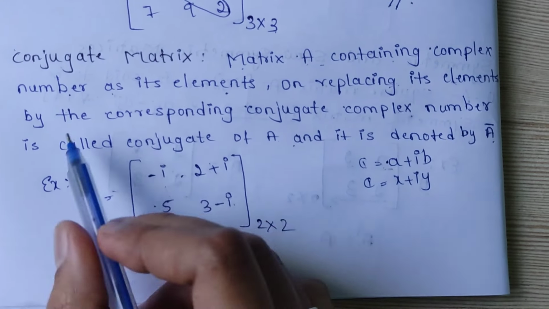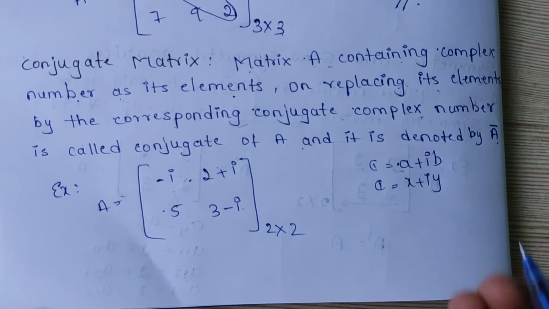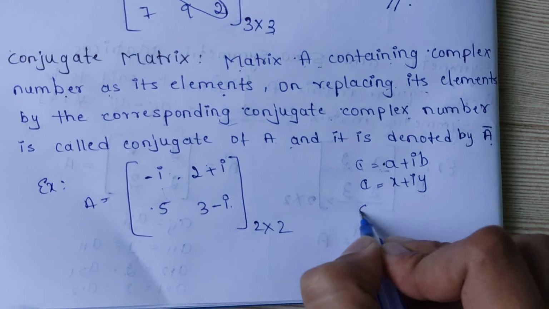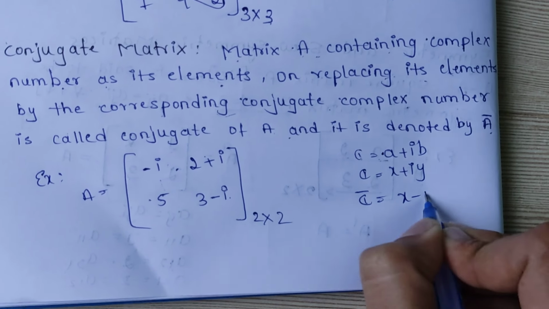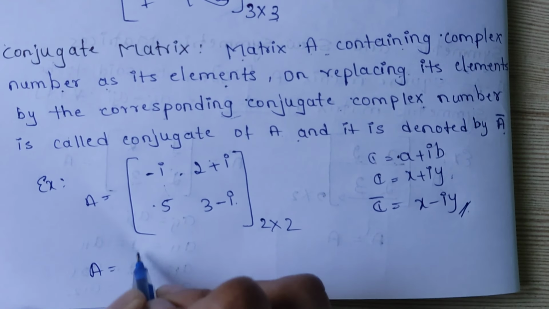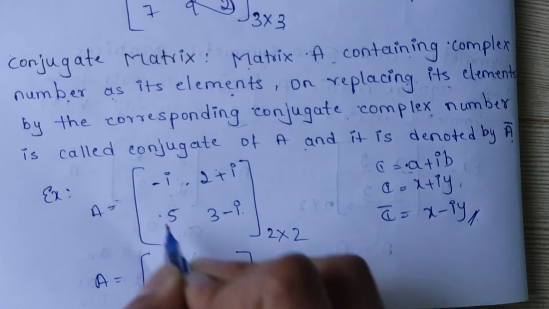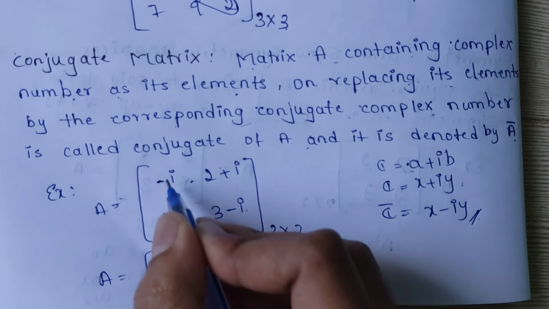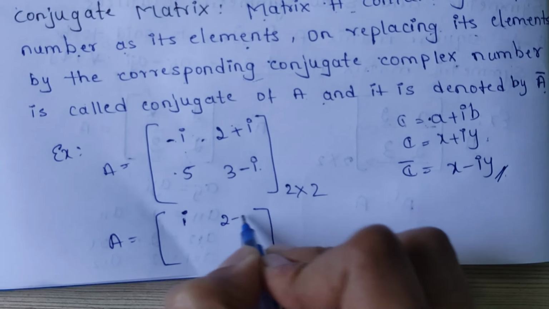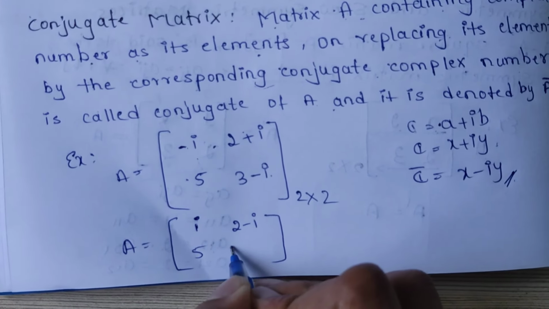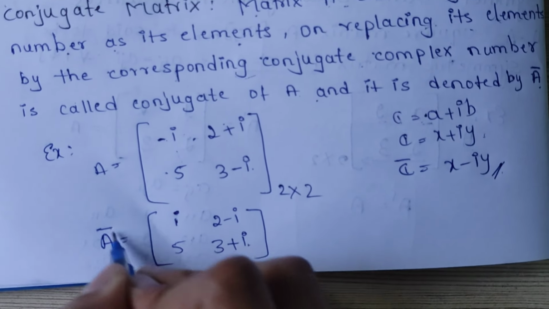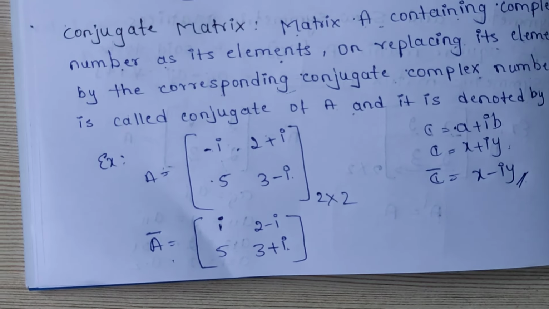Replacing its elements by the corresponding conjugate complex number, where conjugate of a complex number is C bar, it is X minus IY. So matrix A can be written with positive I where it was negative, so it should be positive in the conjugate matrix: 2 minus I, 5 and 3 plus I. This is the conjugate of this matrix A.